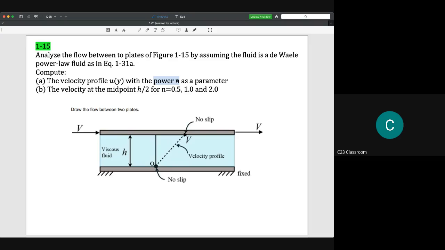Linear means the power n is equal to 1. If n is equal to 2, your velocity profile is now quadratic. Then they ask us to calculate the velocity at the midpoint h over 2. So this is the total height h, and we need to calculate the velocity here for n equals 0.5, 1.0 and 2.0.